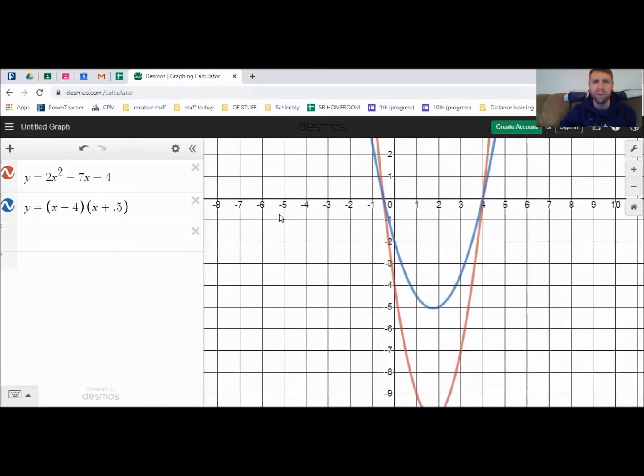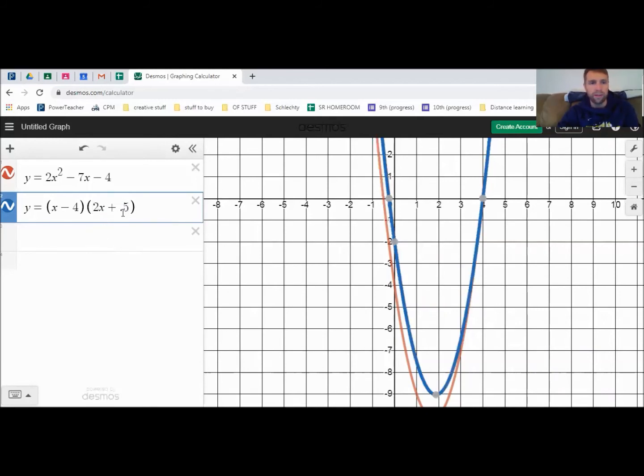What often happens when you have decimals, it's not going to show up as x plus 0.5. Watch what happens if you double both parts of this, right? If I just doubled this decimal one, it's going to turn x into 2x, and then it's going to turn 0.5 into 1. So 2x, and then 1, and look at that now. The red and the blue are matching.